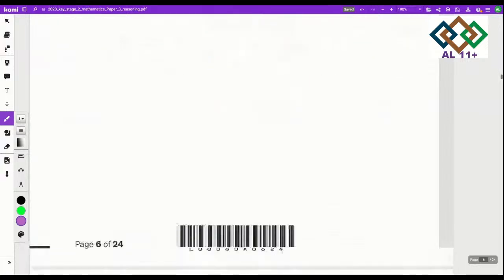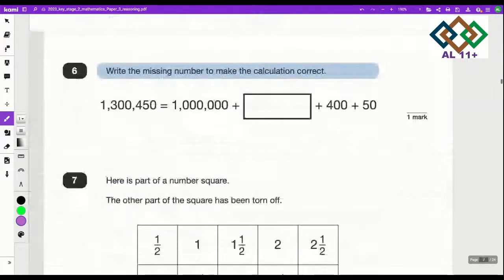In this number 6, they are telling you you need to have the same number on this side. What will you add to get 13000450, and you have already been given 10000000 plus something plus 400 plus 50. What would you add to get the same answer as 13000450?